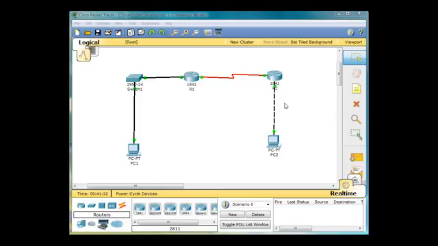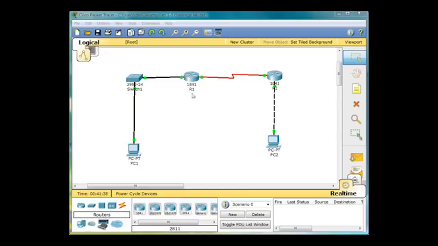This computer here has a straight through Ethernet cable because it's connecting to a switch, and this computer has a crossover cable because this computer's connected directly to the Ethernet port of the router.